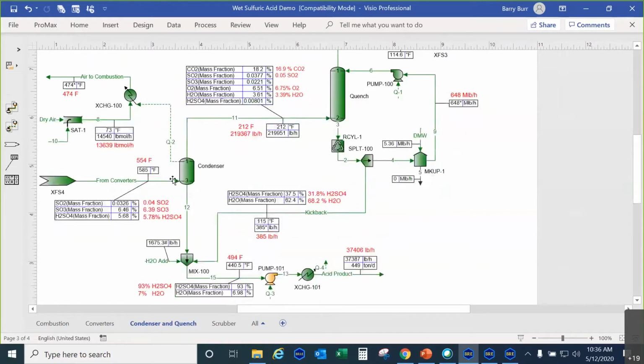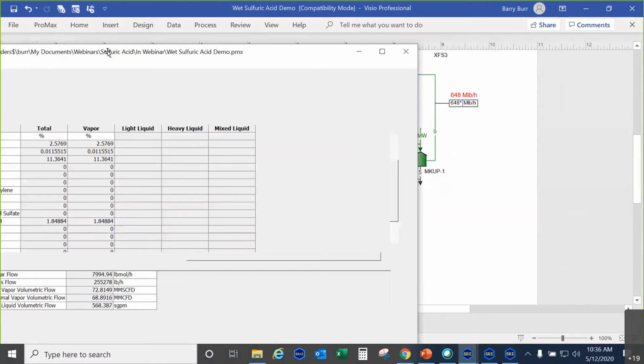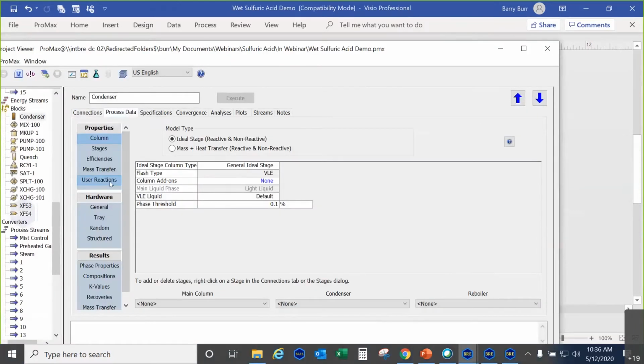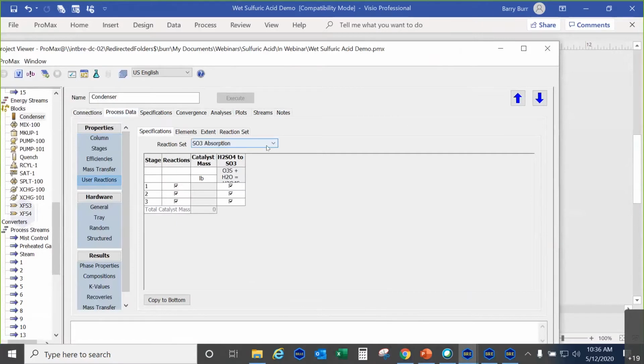And here we have a condenser column where the gases rise through. There's a reflux condenser, basically, that's creating reflux, which falls back down. And this column has the same SO3 absorption reaction occurring in it. So this is a reactive distillation column.